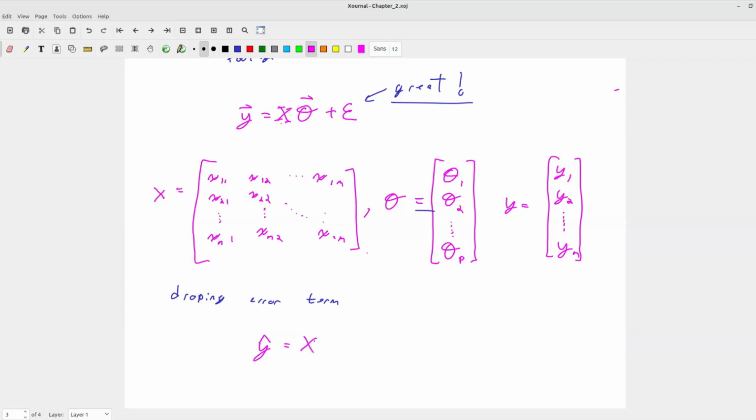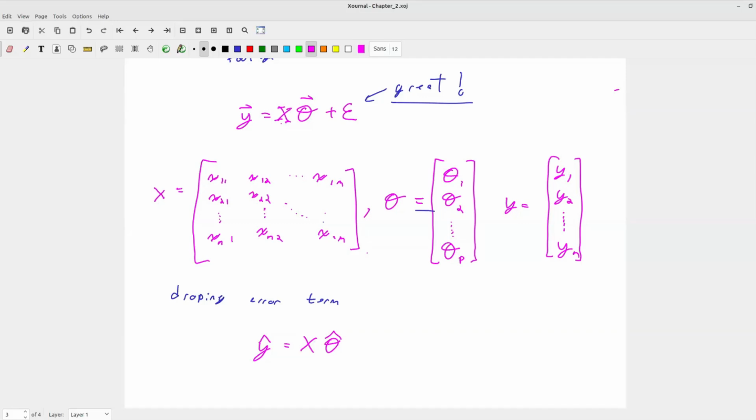I know x. X is my data. Granted, my data may be wrong or bad, but I have it. Theta hat. So now instead of actually knowing my best parameters, I'm going to estimate my best parameters. And so our goal is to find an estimation for the best parameters that we can get.